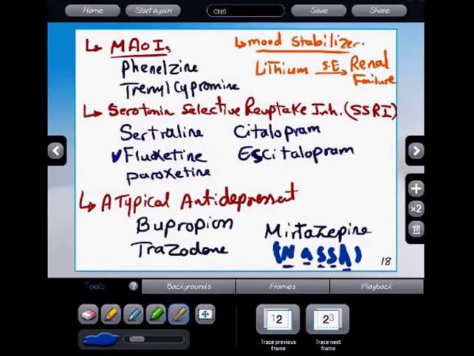And the most common in the market is fluoxetine, and fluoxetine is the safest in pregnancy.